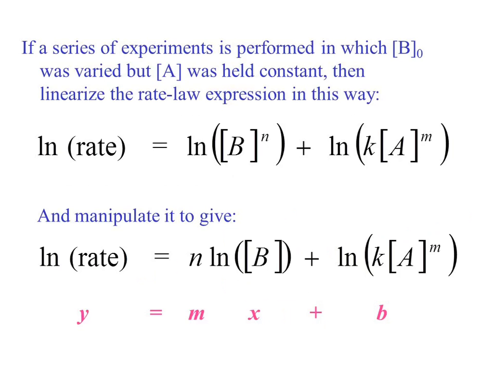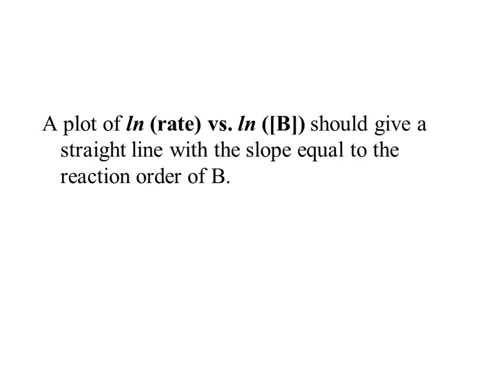Did I go backwards? No. Oh, see what's different here? Okay. Our second set of experiments, we're going to now hold A constant, so we'll put it over here. Similarly, for our second set, when we hold A constant and let B vary, we're going to plot the ln of the molar concentration of B against the natural log of the rate.